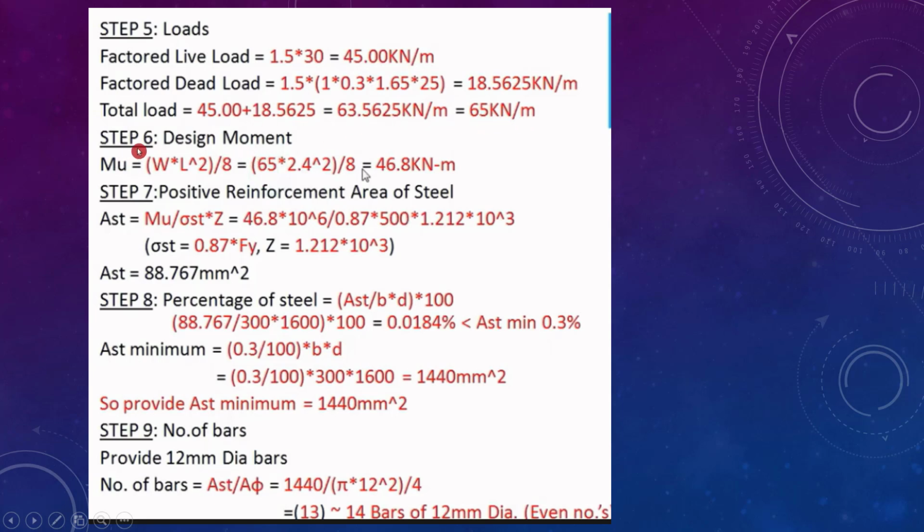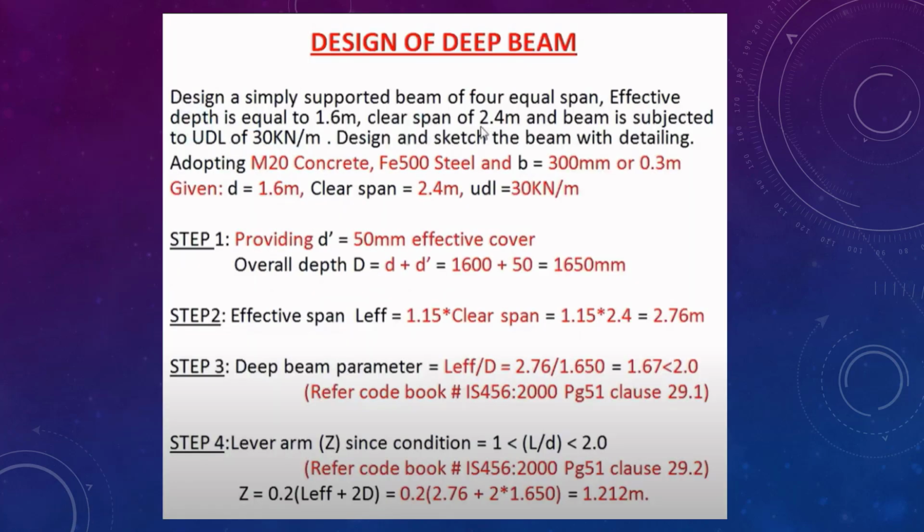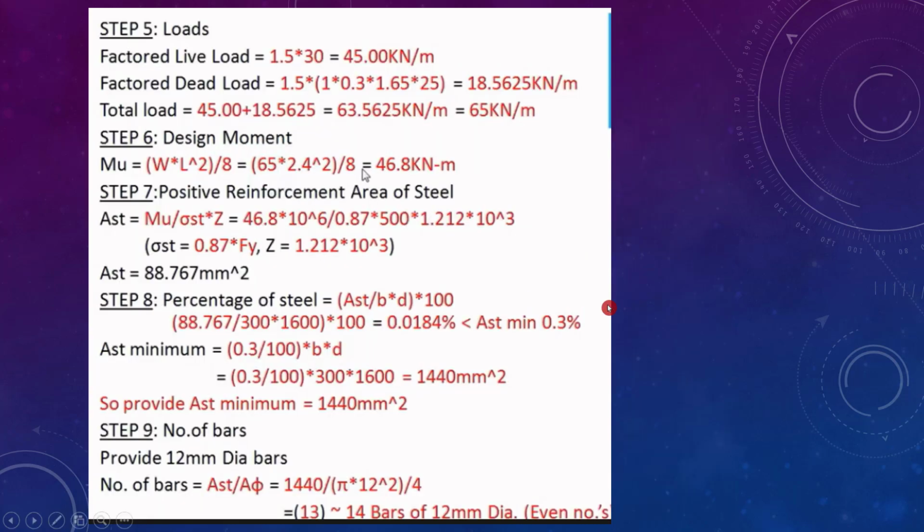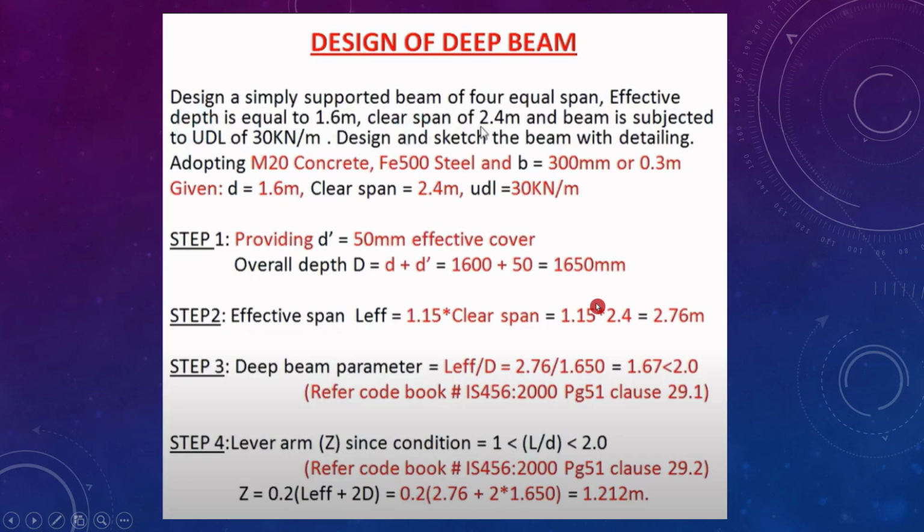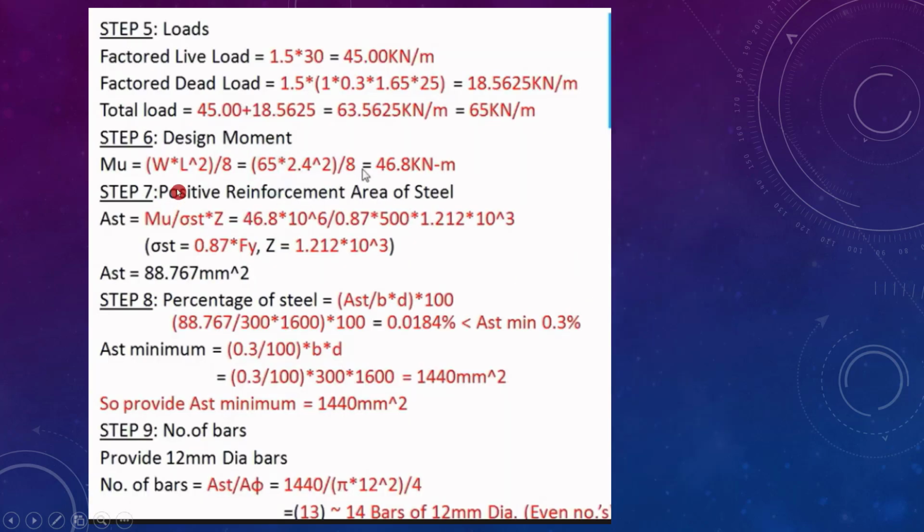Then step 6 is for finding the design moment. We know it is simply supported with the UDL load. So the bending moment equation is W L square by 8, where W is the load and L is the clear span, 2.4.